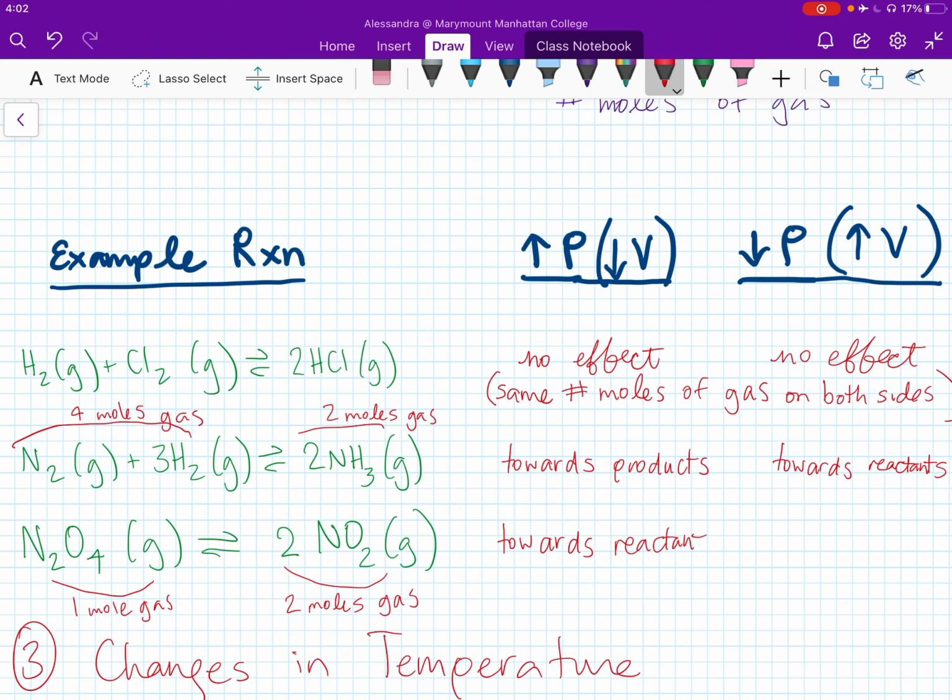Conversely, if I decrease the pressure, that will expand the volume. And that means I'm going to shift to the side with more moles of gas. In this case, it's to the right, towards the products. Okay, so when you want to predict what's going to happen with pressure volume changes, you just need to count up the number of moles of gas on both the reactant and the product sides of the reaction.